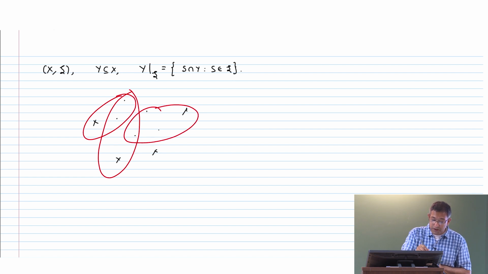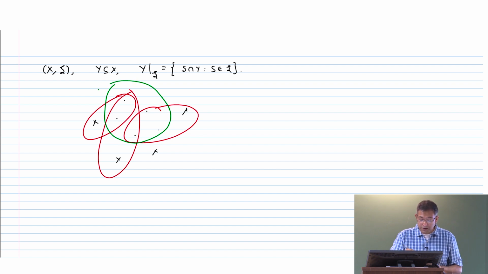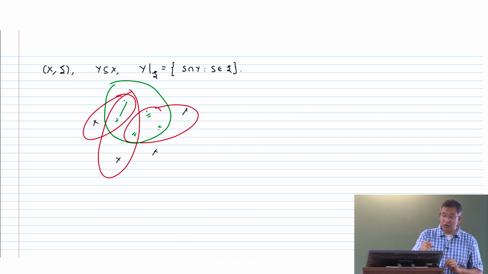And if you restrict yourself to just the points here, then the subsets you get are a subset containing these 2 points, a subset containing these 3 points. Yeah, so that's the restriction of the set system to a subset of points.